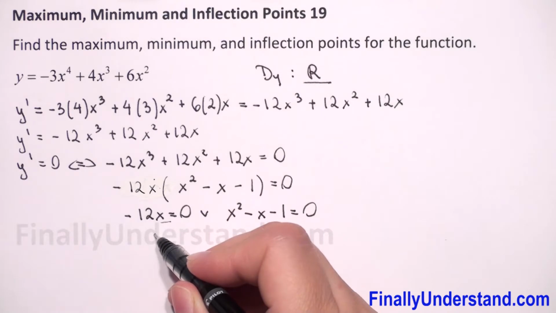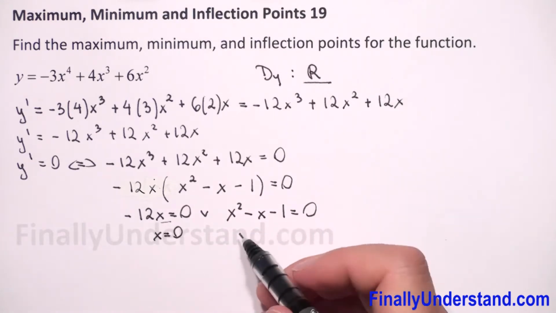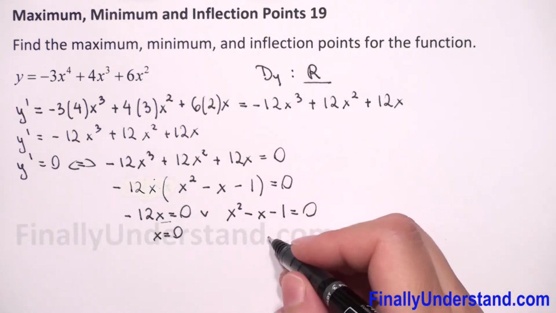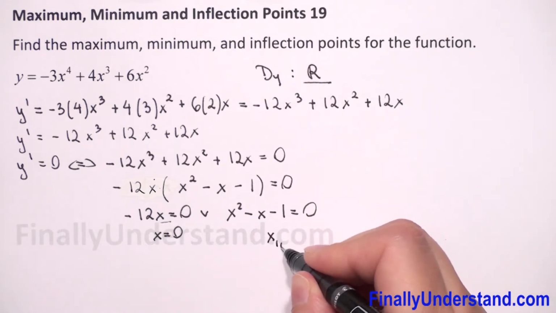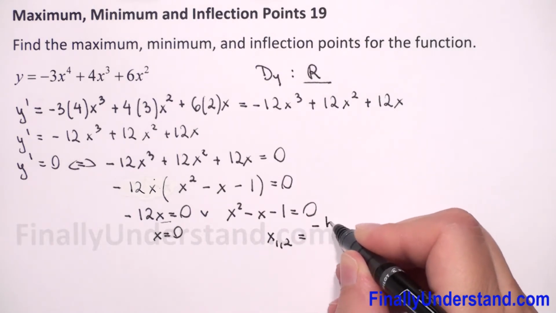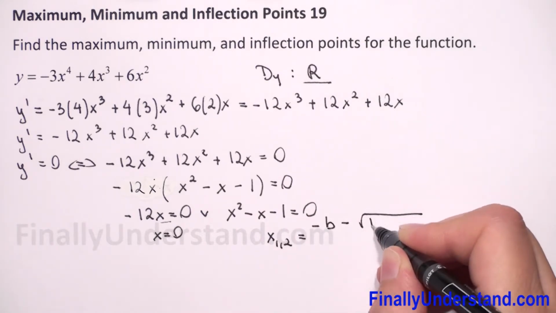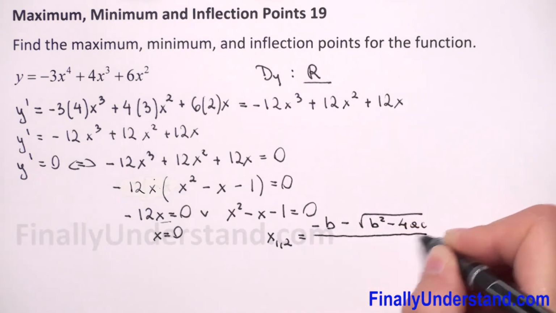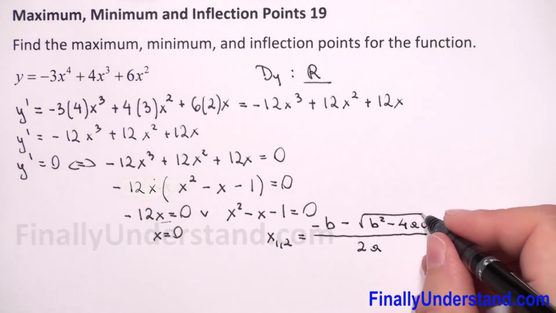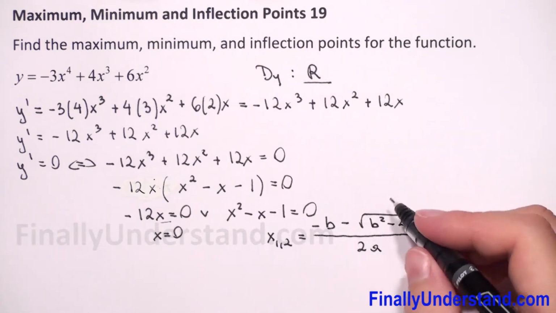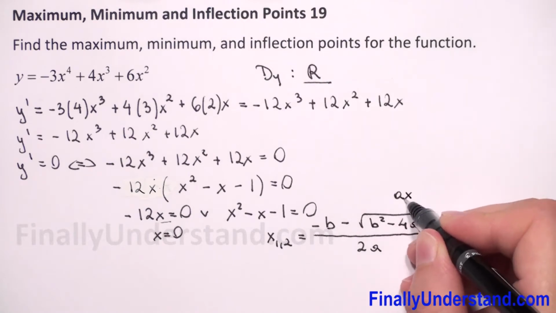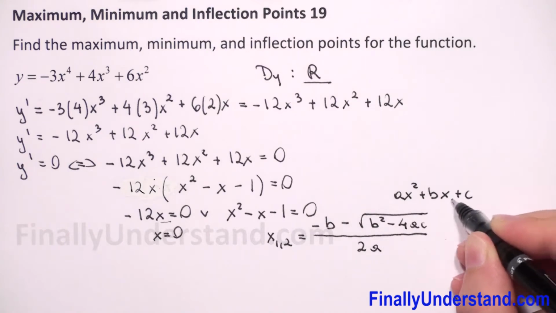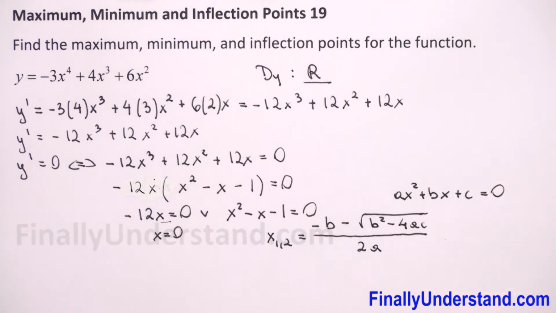The solution for this linear equation is x equals 0, and we have a quadratic equation. To find the roots, we will use the formula x1,2 equals negative b plus or minus the square root of b squared minus 4ac, over 2a. If someone forgot, a is the coefficient before x squared, b is the coefficient before x, and c is our constant.